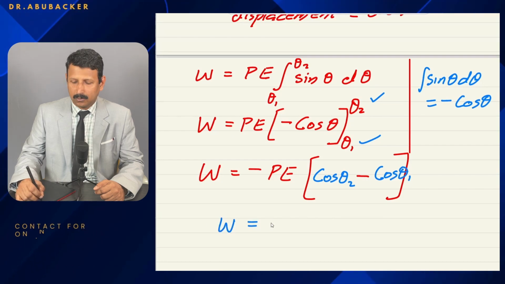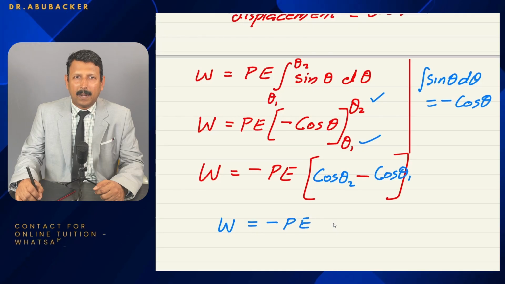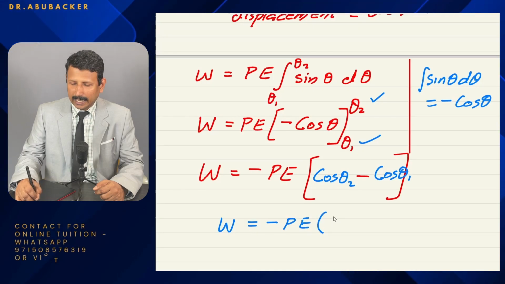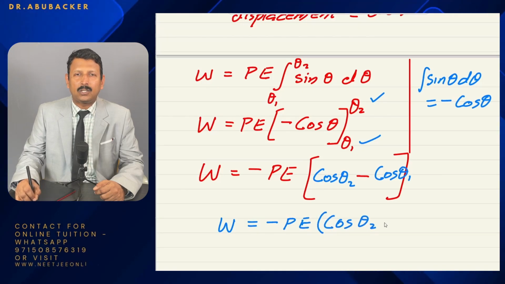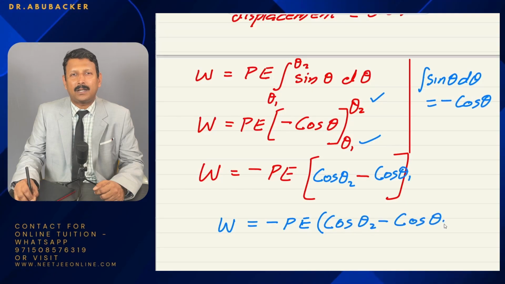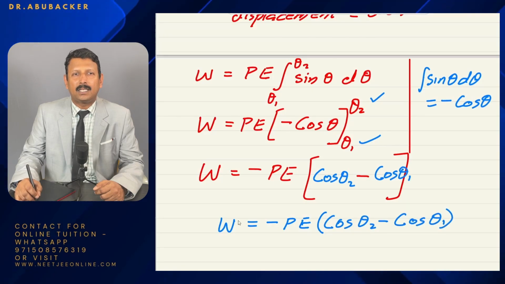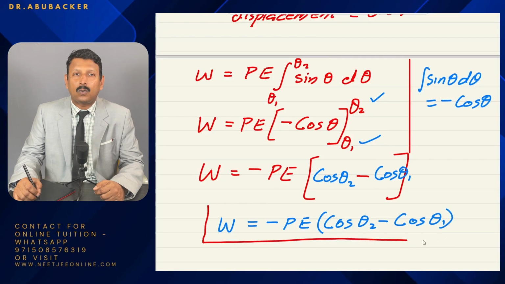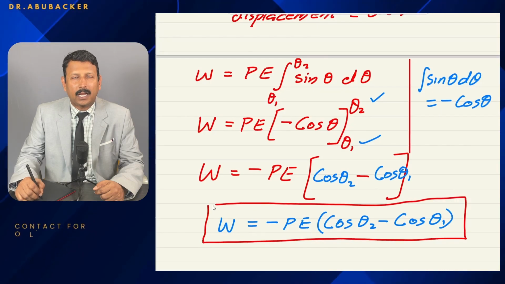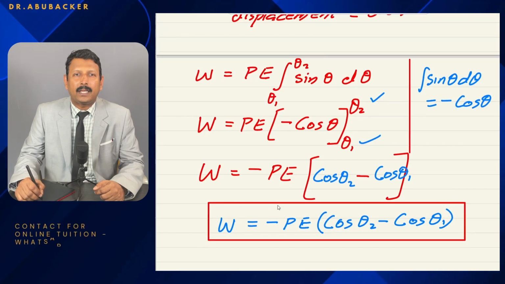So W is equal to minus PE, cos theta 2 minus cos theta 1. This is the general expression for work done, suitable for any starting angle to any ending angle.